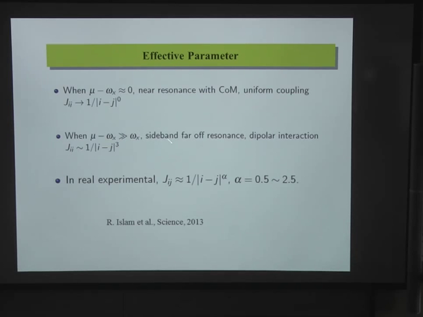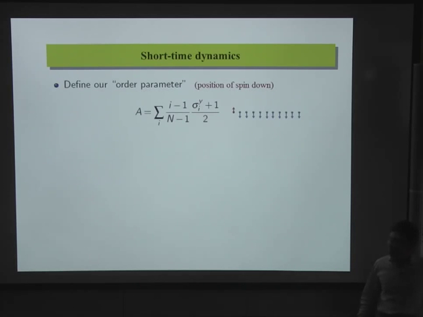And if you get something between, basically you can get something like a 1/r^alpha interaction, like a power-law interaction, and this power-law parameter can be tuned over a wide range. And this has been, of course, realized already in a recent experiment from Chris' group. So we can take this detuning mu as an effective parameter, and we fit this alpha. So in our later calculation, we just use this alpha as a fitting parameter to denote the different behaviors.